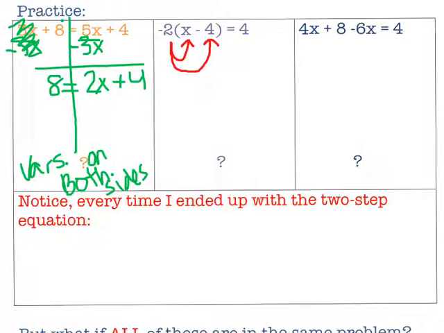But there's also remembering my operations with negative integers. So negative 2 times x is negative 2x. And negative 2 times negative 4 is a positive 8. And I'm left with equals 4. And this I'm going to label as distributive property.